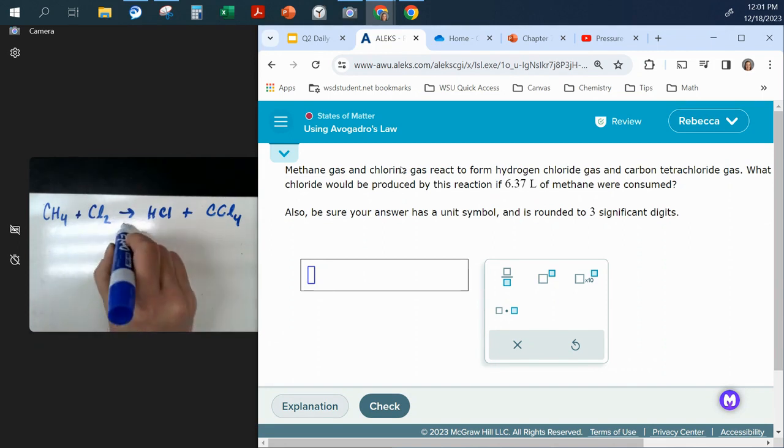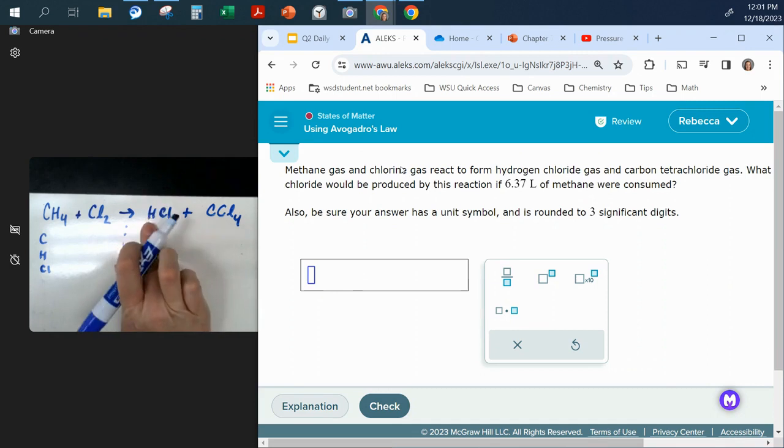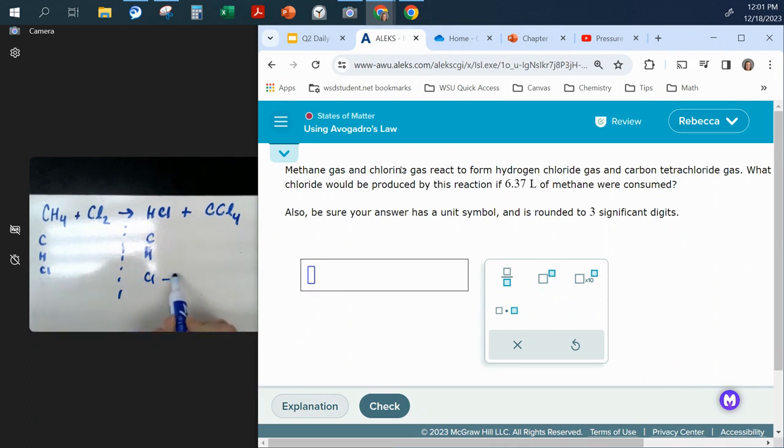So let's balance it. Carbon, hydrogen, chlorine. I've got 1 carbon, 4 hydrogens, 2 chlorines on one side, and 1 hydrogen, 1 carbon, 4 chlorines on the other.